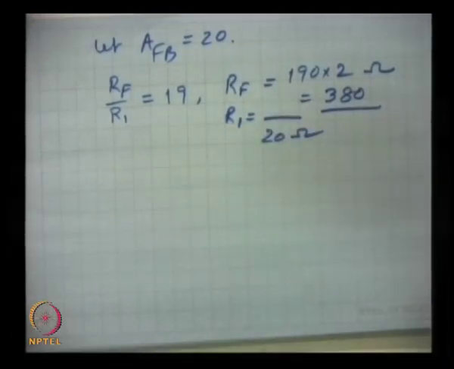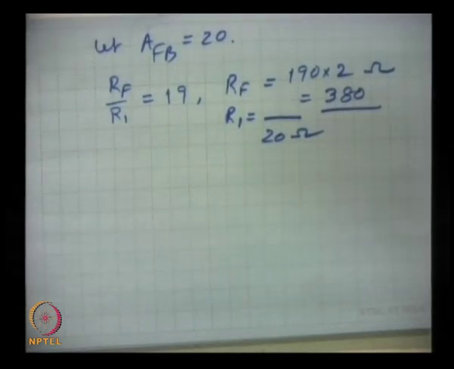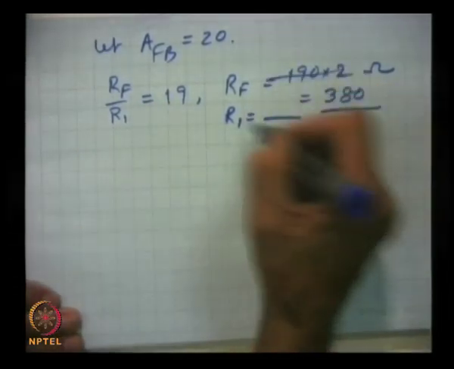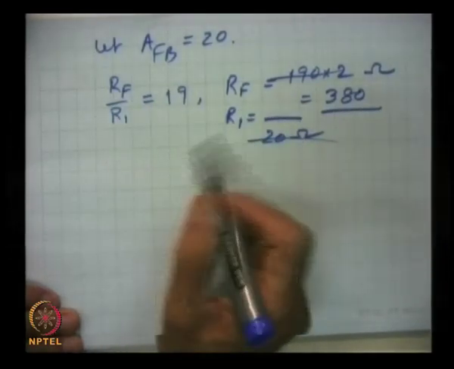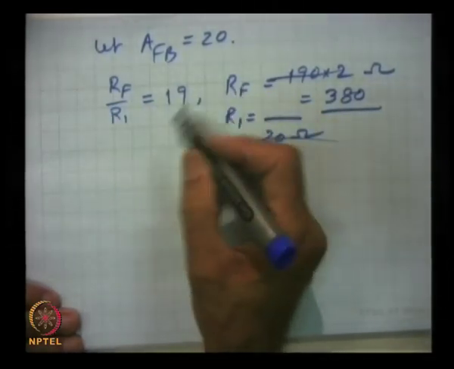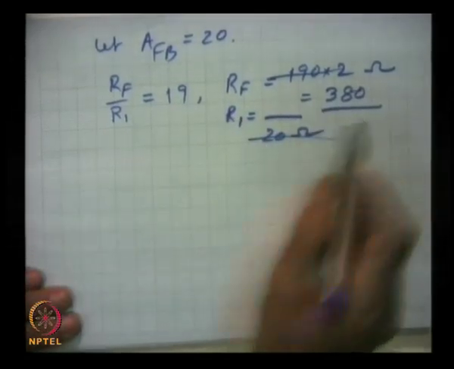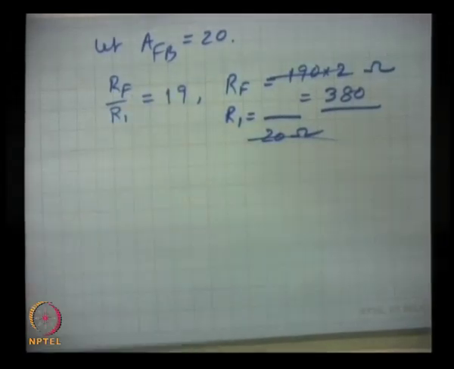But these resistances will draw a large current, and the current will exceed the maximum current recommended for the op amp, and the op amp will burn. So, instead of ohms, these are taken in kilo ohms. We can choose the ratio 19, then gain will be 20.